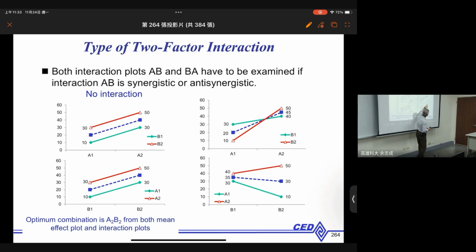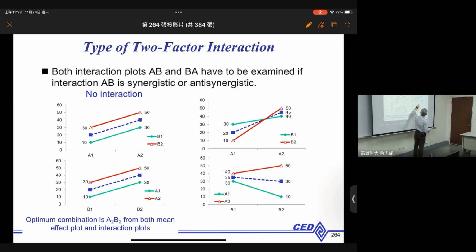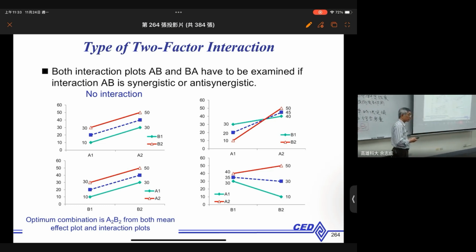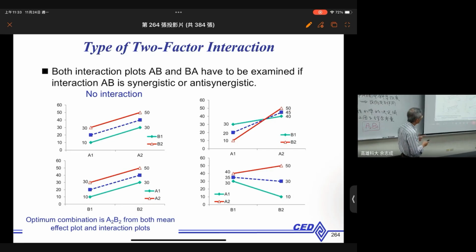Even though the selection of A1 and A2 isn't influenced by B, the selection of B will be influenced by A. Then we should consider A and B simultaneously, which means that they are anti-synergistic. So be careful when you look at two lines.